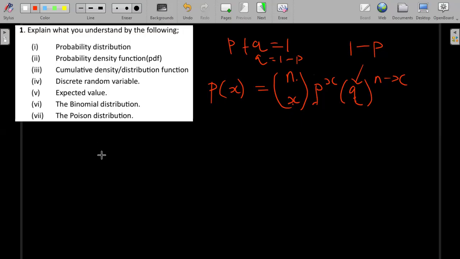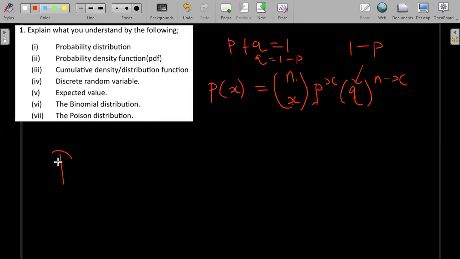And then we define the Poisson. The Poisson distribution is a distribution that models the probability of a given number of events occurring in a fixed interval of time or space. It assumes that these events occur independently and at a constant average rate. In the formula for Poisson, you are going to see that the average or the mean appears.